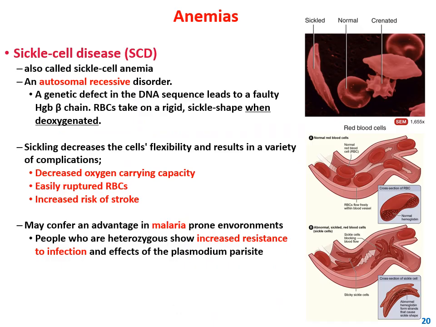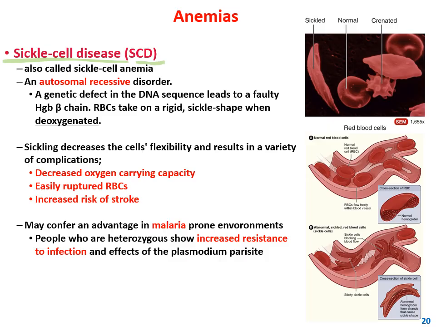So besides pernicious anemia, you have other diseases that influence your level of functioning red blood cells. A classical example is sickle cell anemia, also called sickle cell disease. This is an autosomal recessive disease, so you have to inherit it from your parents.